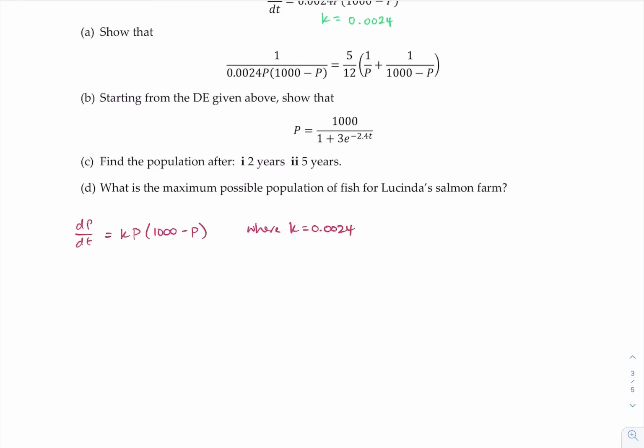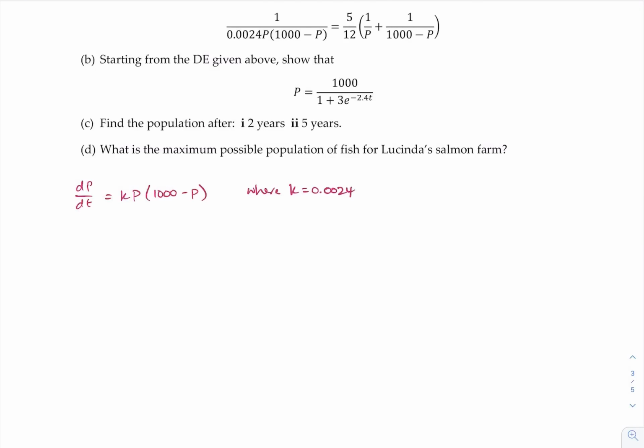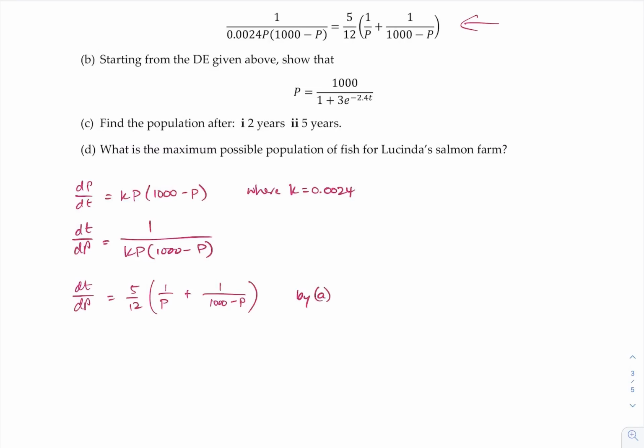I will live with writing 1000. So I'm going to use this now, and I can integrate with respect to p.